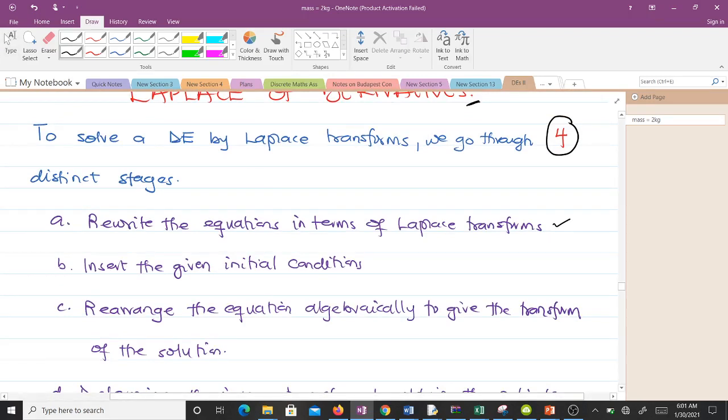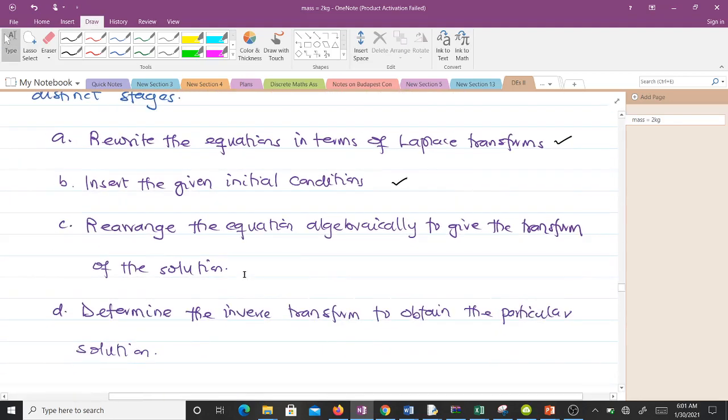Then we insert the given initial conditions. Then we rearrange the equation algebraically to give the transform of the solution. The last step is we determine the inverse transform to obtain the particular solution.